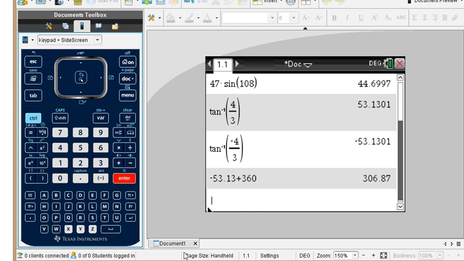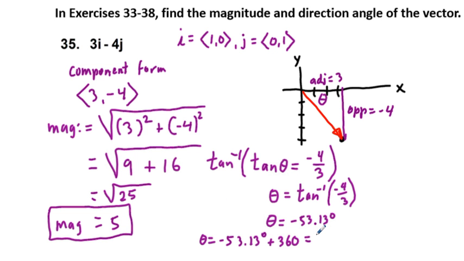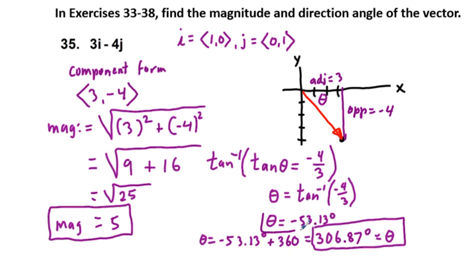We get 306.87 degrees. Okay, so just different ways of writing the same thing, one with a negative rotation, one with a positive rotation. In quadrants 2 and 3, should you find a vector in quadrants 2 or 3, you'd have to add 180 degrees.